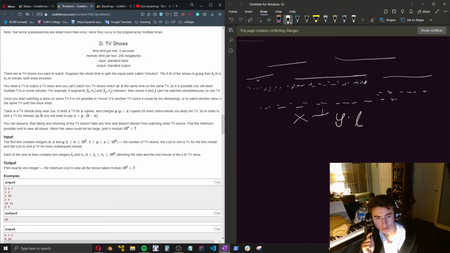Okay. We have to deal with overlapping intervals. We could have an interval here too. It's completely inside.